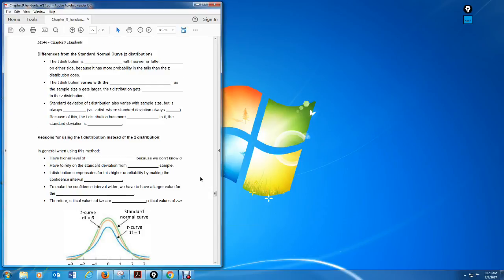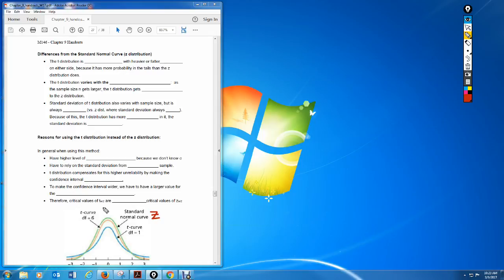So I just finished on the previous page describing what the t-distribution looks like. So now what I want to describe is how is it different from the standard normal curve, the z-distribution. You can refer down at the bottom to the graph, which shows the z-curve, the standard normal distribution, and a couple of t-curves, one for degrees of freedom of 6, one for degrees of freedom of 1.